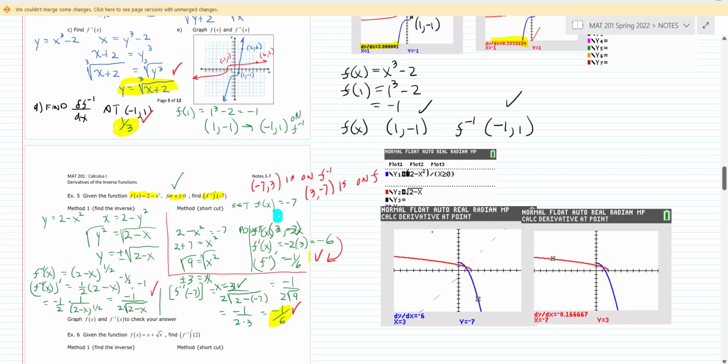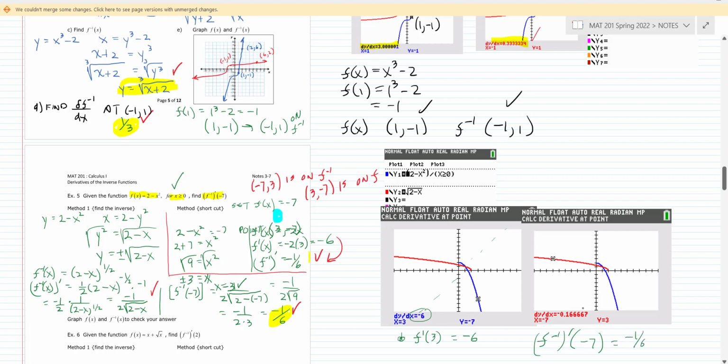But the idea is, if we take the derivative of the function, this is basically finding f prime of 3. When we do that, we get this slope of -6. That's what the graphing calculator is saying. Then if we take the derivative of the inverse and evaluate that not at 3 but at -7, we end up getting -1/6.